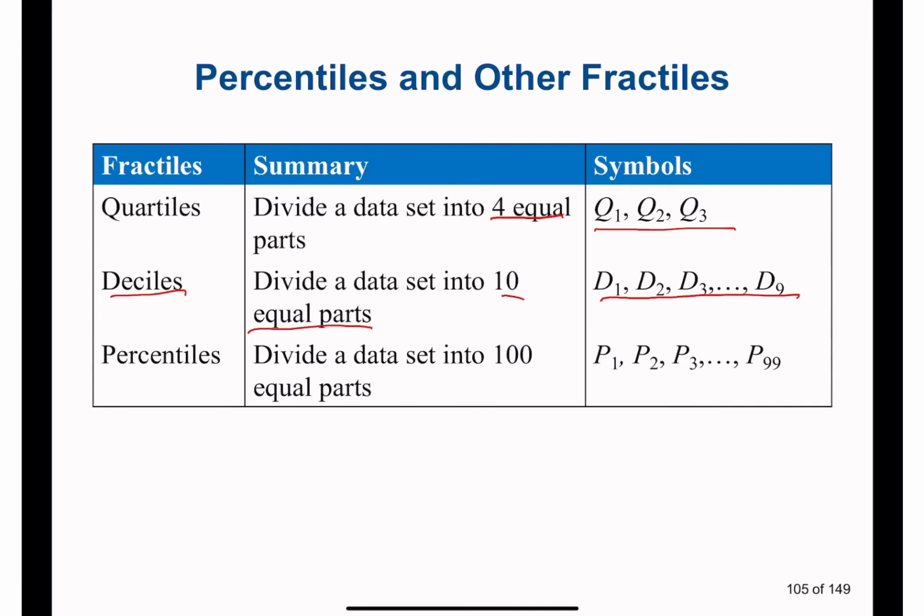D1 through D9, that make 10 pieces. And percentile, widely known, 100 equal pieces, which we break down P1, P2, P3, all the way to P99. Okay.